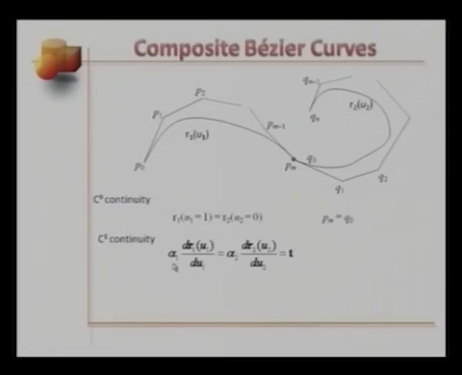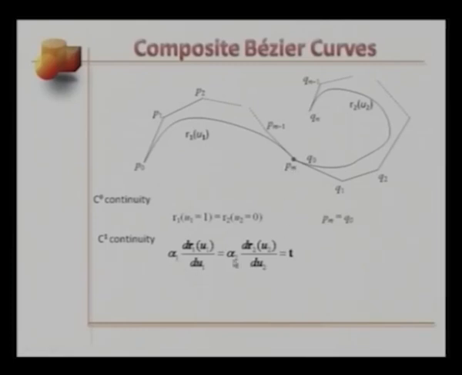Mathematically, the condition is that alpha sub 1 times the first derivative of the segment R1 with respect to U1 evaluated at U1 equals 1 should be the same as some scale factor alpha 2 times the first derivative of segment R2 with respect to U2 evaluated at U2 equals 0.